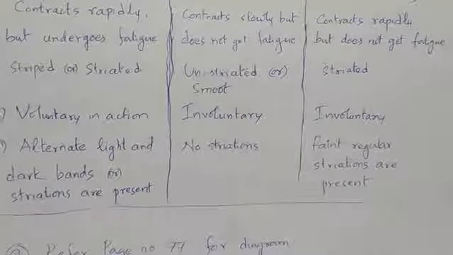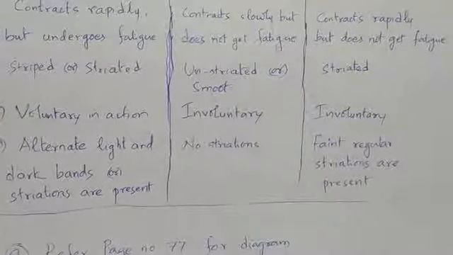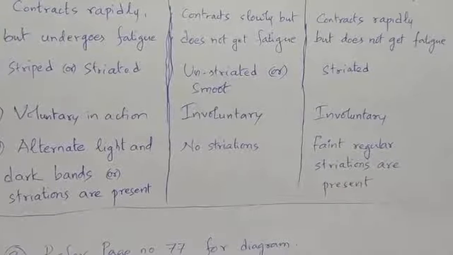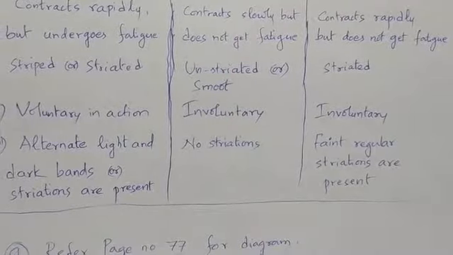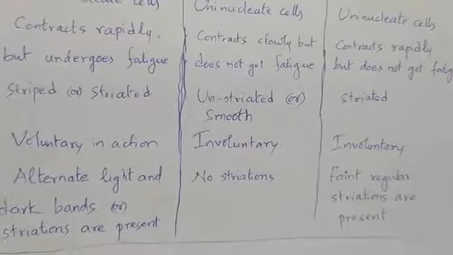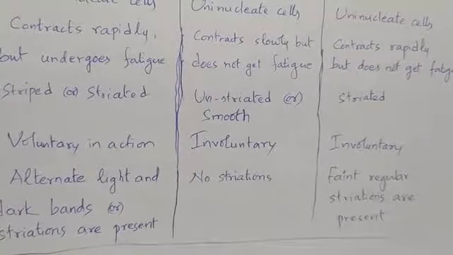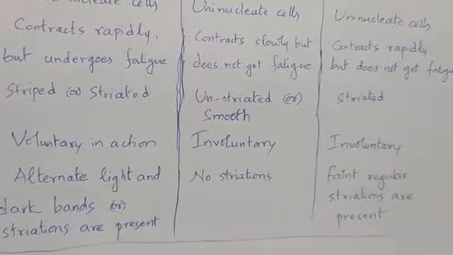As already discussed, skeletal muscles are striped or striated because lines are present in them. Unstriated muscles, as the name implies, do not have any striations or stripes, so they are smooth. Cardiac muscles are also striated like skeletal muscles.